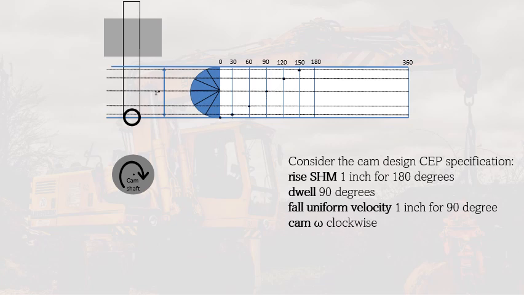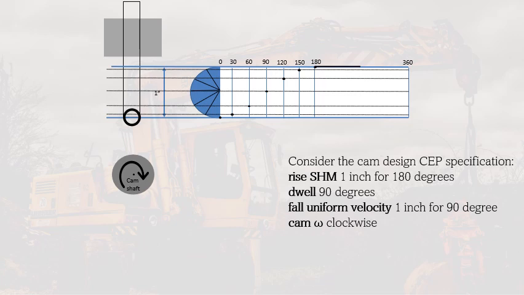As you can see here, from 0, it is still in the bottom position. Once it rotated 30 degrees, it is now rising by this distance here. At 60 degrees rotation, it will be as high as this, and so on and so forth until it reaches the maximum 1 inch at 180 degrees. So this now represents the simple harmonic motion, wherein it would reach 1 inch by the end of 180 degrees.